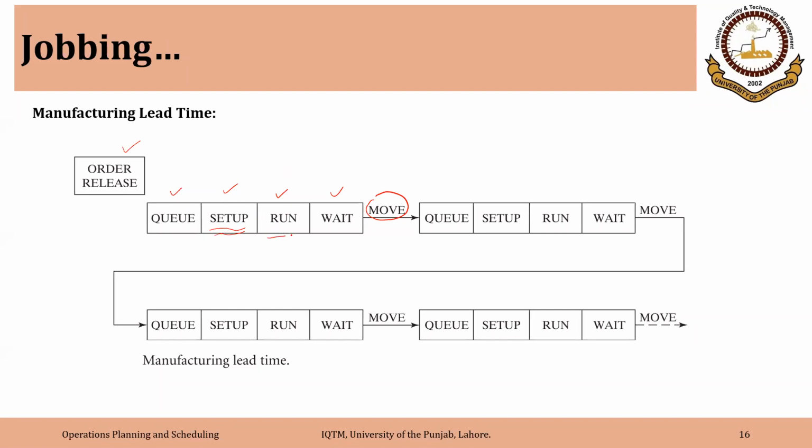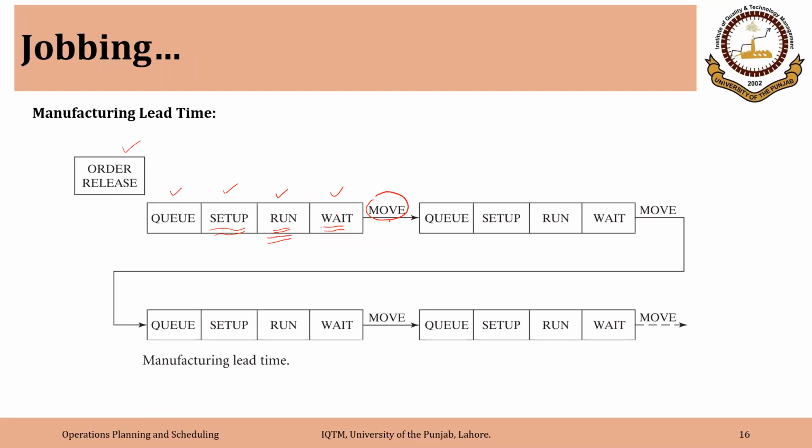Run time is the time actually required to perform the manufacturing process. So that is operation time or processing time. And waiting time is after this process has completed its operation, then before being shifted to the next process, the product or the semi-finished part waits. So that is the waiting time.